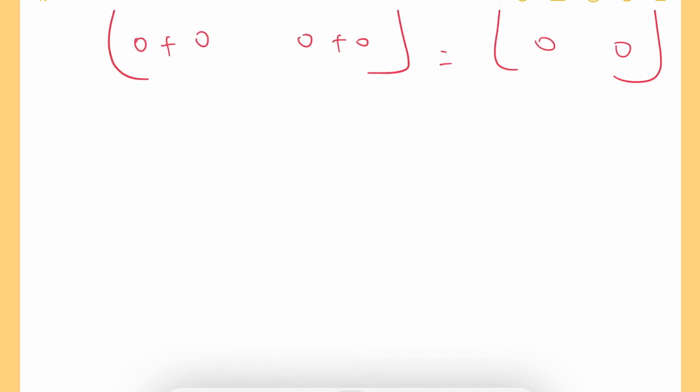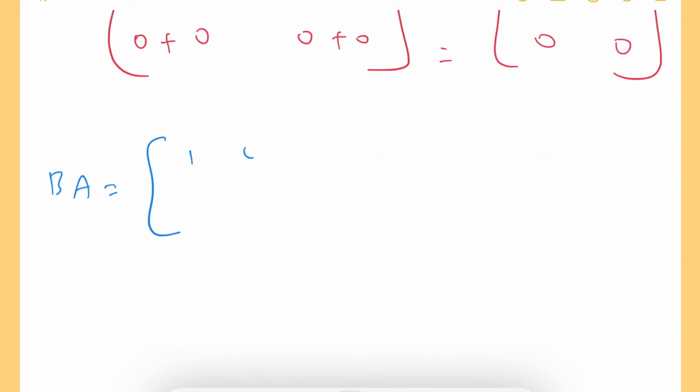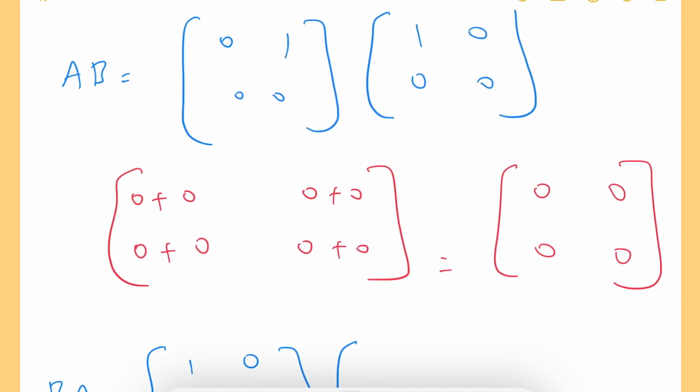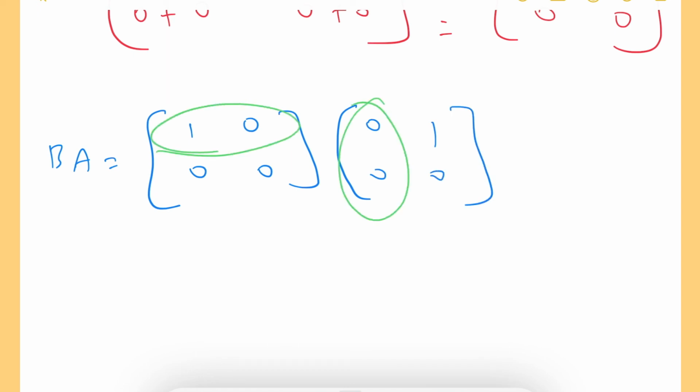So now the same in reverse. Matrix B we have 1, 0, 0, 0 into matrix A, which is 0, 1, 0, 0. Okay, now let us multiply this again. First row we multiply with the first column: 1 into 0, 0 plus 0 into 0, 0.